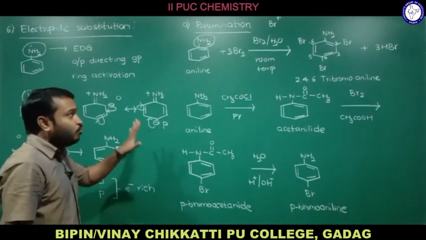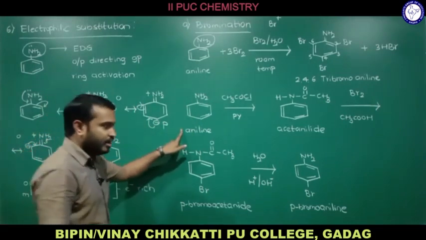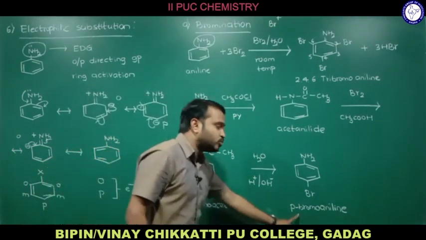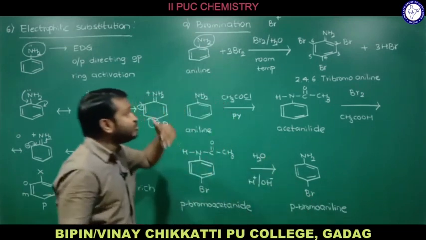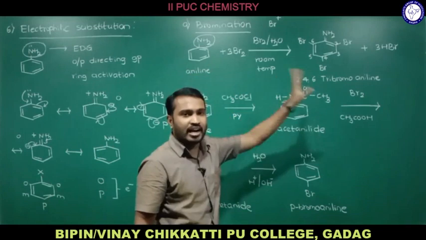So now what we actually did in this reaction is, aniline is the starting material and para-bromo-aniline is the final material, and we got a single substituted product. So we have only one Br, whereas in the previous case, that is also bromination, we got a tri-substituted product, 2,4,6-tribromoaniline.